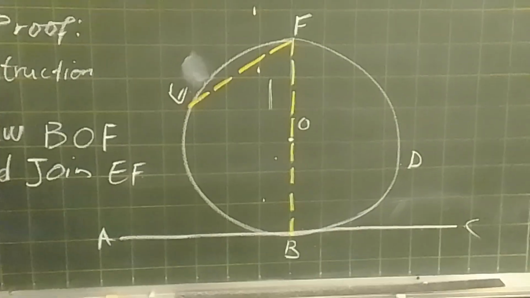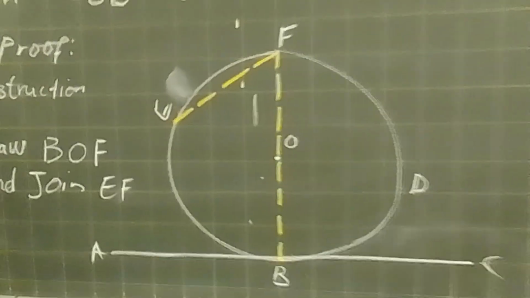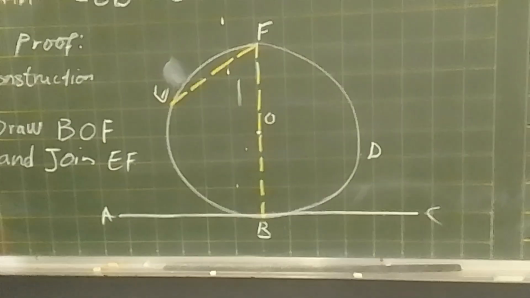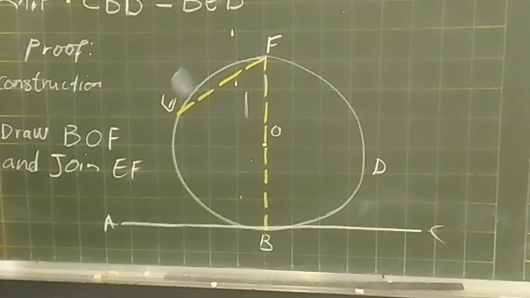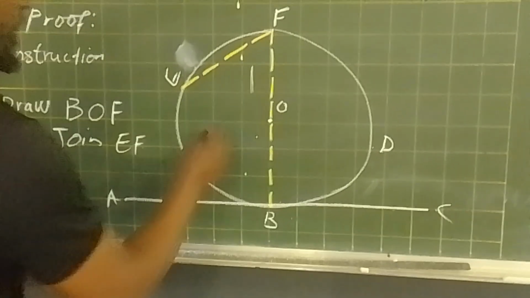Now, from the original, you are given triangle BEF, BED. This is what you have originally.